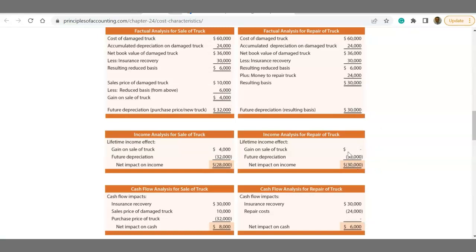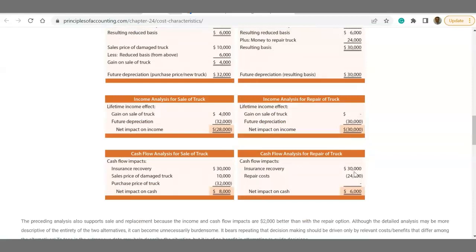In regards to income analysis, we are not going to have any gain or anything. We have future depreciation of only $30,000, and here it was $28,000. So in future we will be able to depreciate $30,000. In regards to cash flow, the insurance company gives us $30,000.